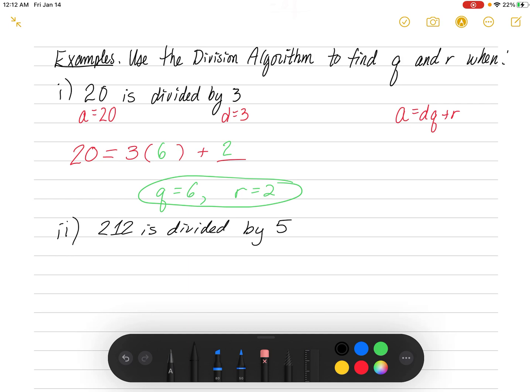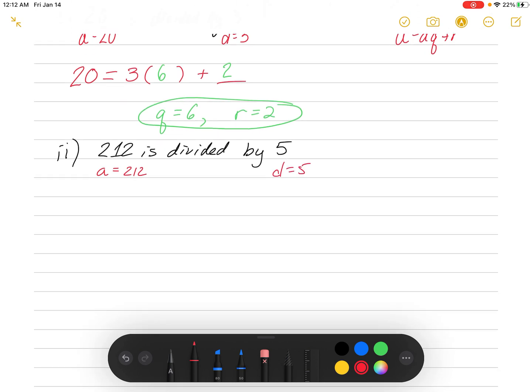All right, so my A once again is 212 and my D over here is 5, just indicating that. So remember, you're going to say A, which is 212. We're going to divide 5 into that, and we want to find what the quotient is, plus the remainder here.